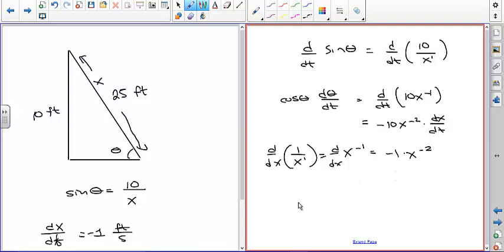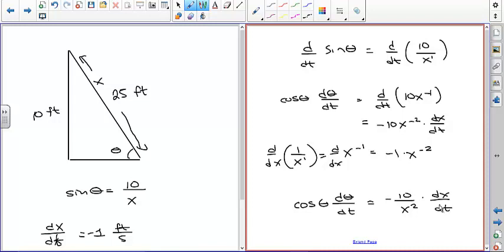So let's rewrite everything we have. Cosine of theta d theta dt is equal to negative 10. I'm going to move this to the denominator, x squared, times dx dt. So that's the derivative.